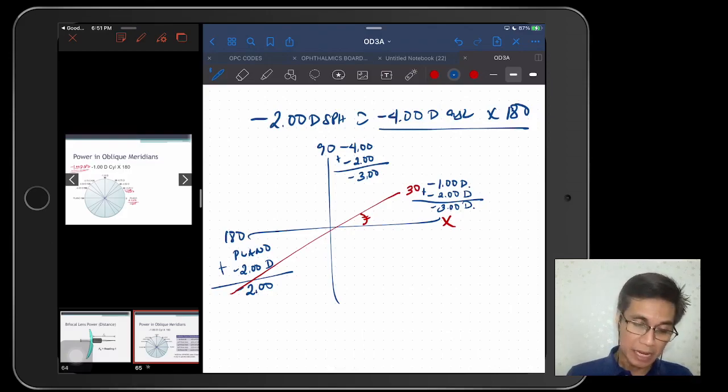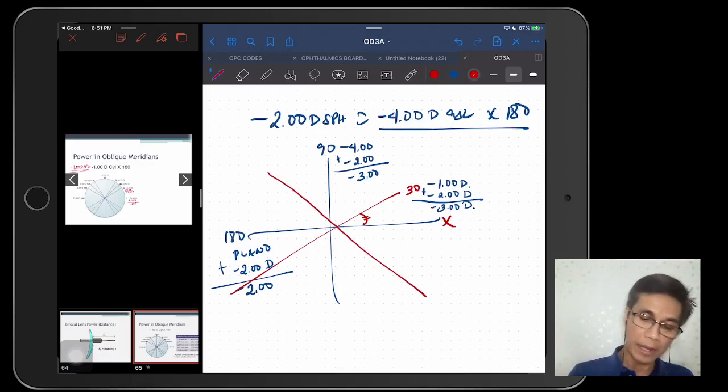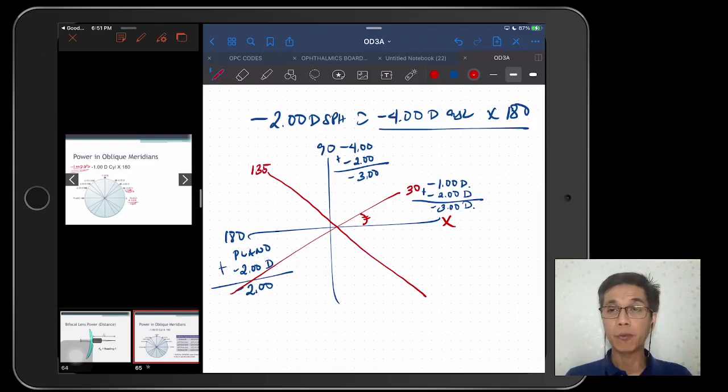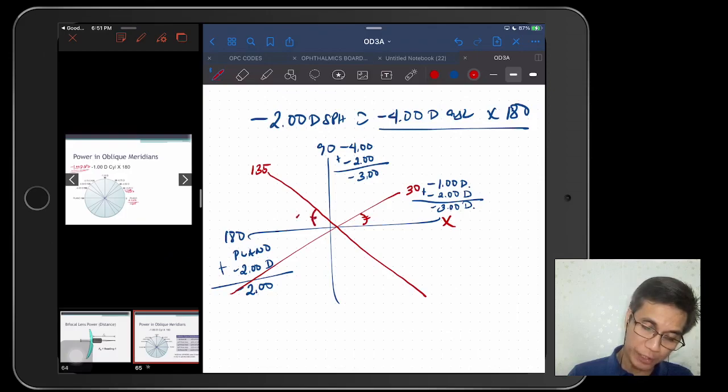Now, pag sinabi naman natin, ano ang power sa may 135th meridian. Pag sinabi natin 135, ito ay 45 degrees from the axis.